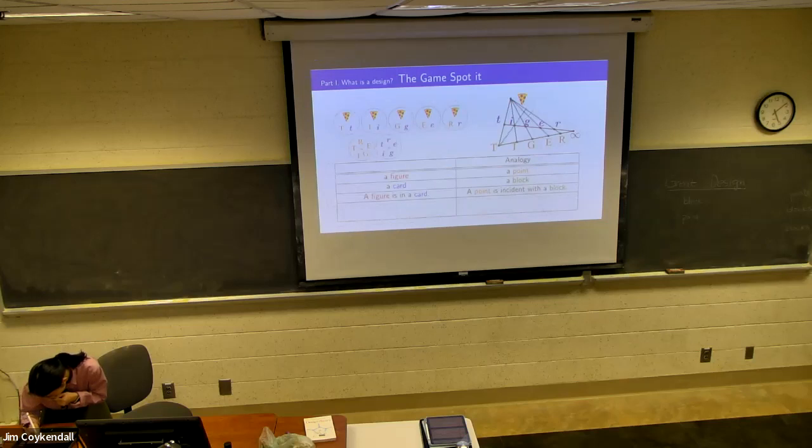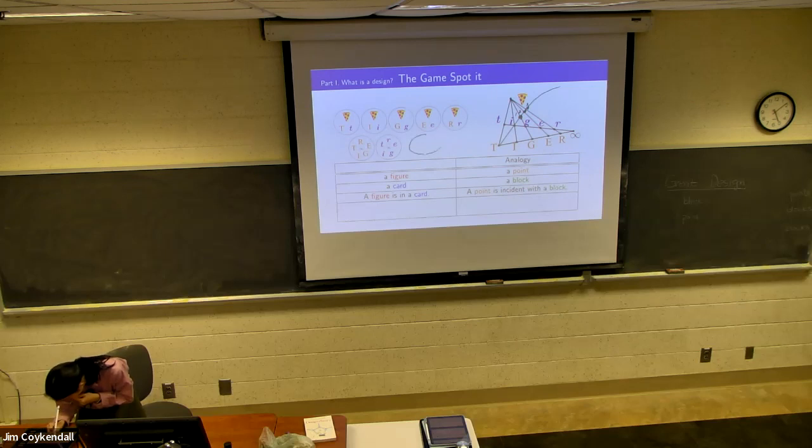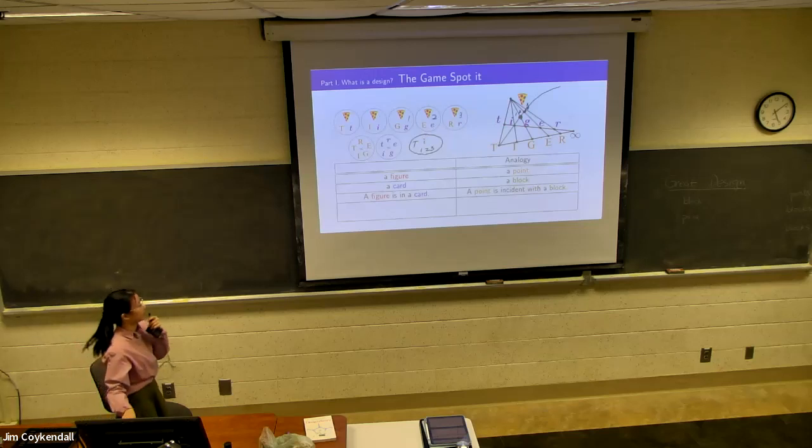I have to figure out that it gets a common point with all the blocks. So I may get some extra points here, and I can call them 1, 2, 3. That can form my new card. So that will be T, I, 1, 2, 3. Oh no, I mixed it up. You have to add 1, 2, and 3 there, right?